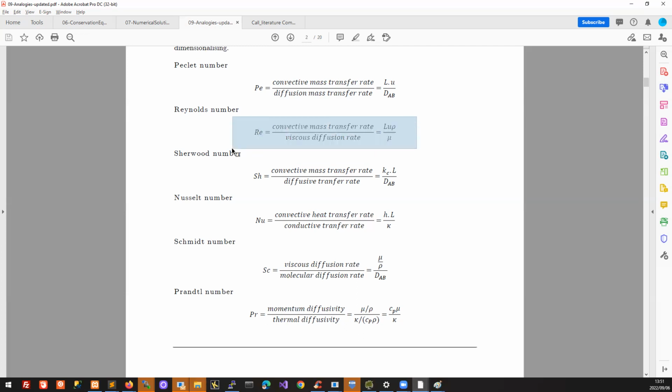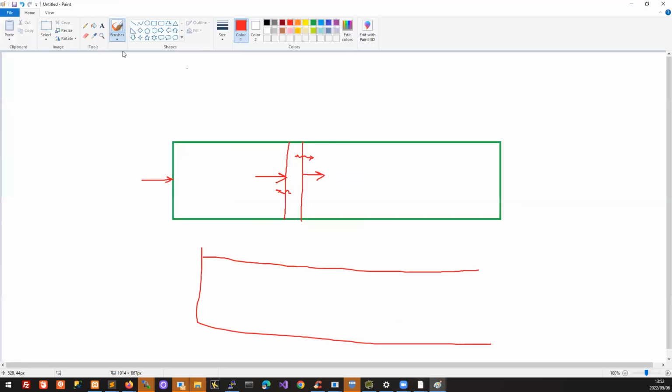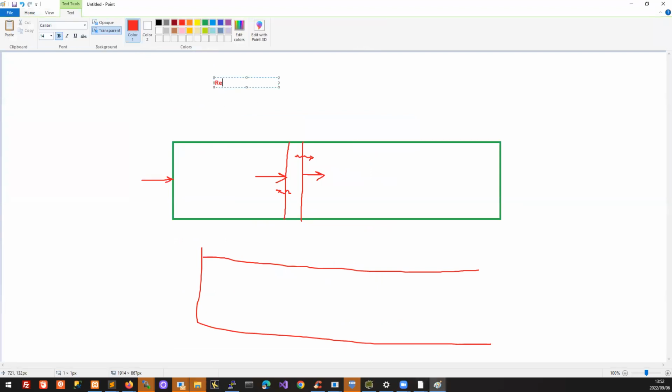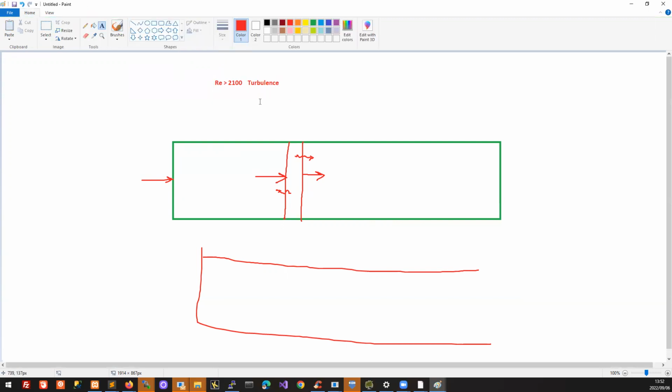And with the Reynolds number, you can then start to identify specific flow regimes. We have this criterion that for a Reynolds number greater than 2,100, we get the onset of turbulence. And if it's less than 2,100, it's laminar.